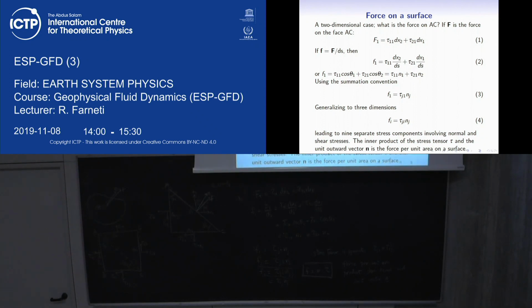So the inner product of the stress tensor and the unit vector n on that surface, in this case in the two-dimensional case AC, gives you the total force on the surface. Okay? So this second order tensor tau has 9 components, has all the components in it. The normal and the diagonal. We'll see the diagonal components.